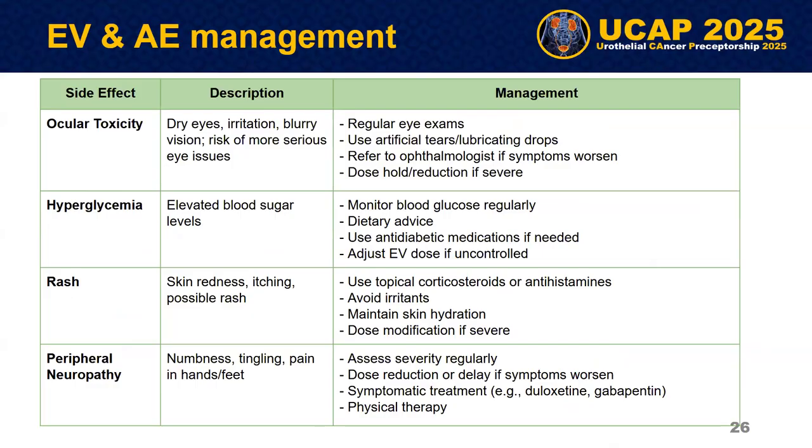Next one that I would like to discuss is the rash, which can be quite troublesome in the use of EV. And sometimes we will need to use topical corticosteroids, antihistamine, sunscreens, and avoid irritants and moisturize the skin. But if severe, as with other adverse events, you may need to stop or do dose modification if indicated.